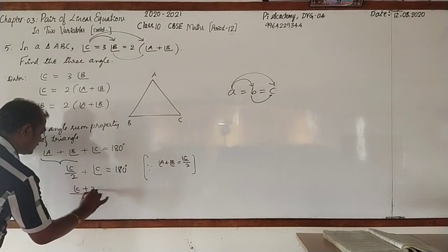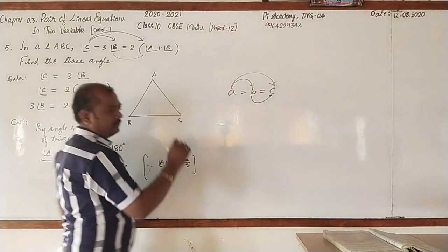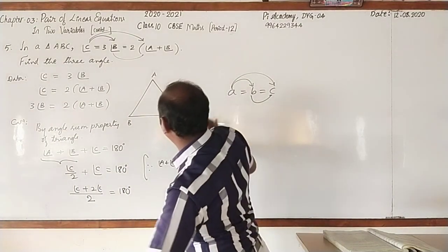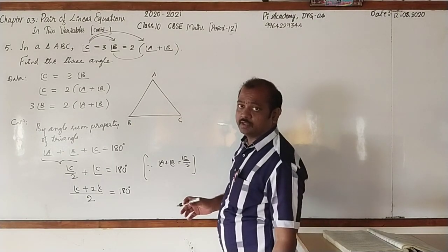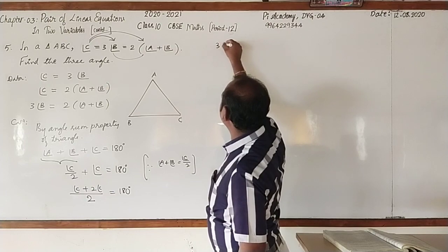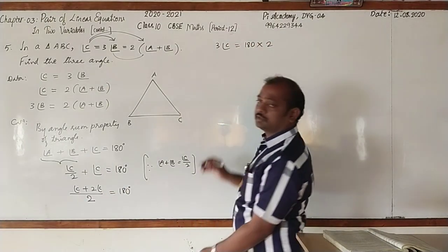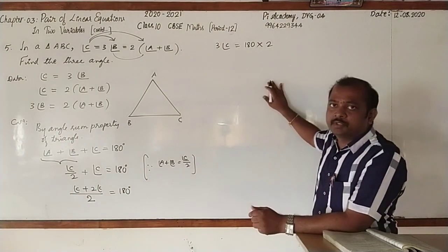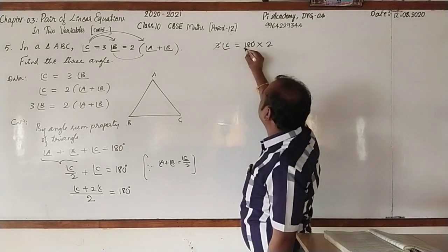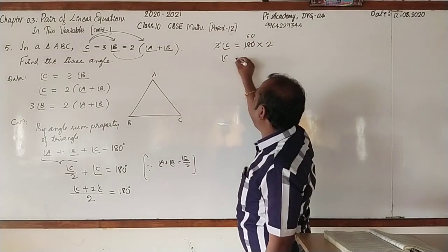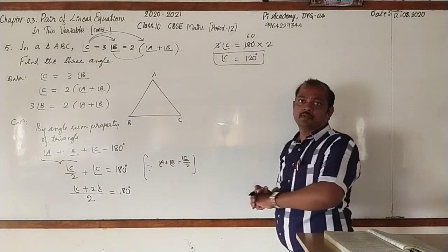Angle C plus 2C is equal to 180 degree. Then I'll write here. What is angle C plus 2 times angle C? It is 3 times angle C. It is equal to 180 into 2 because of the cross multiplication. Hope that you are writing with me. You can cancel it. 3 ones are, 3 6 are, zeros are. Angle C is equal to 120 degree.